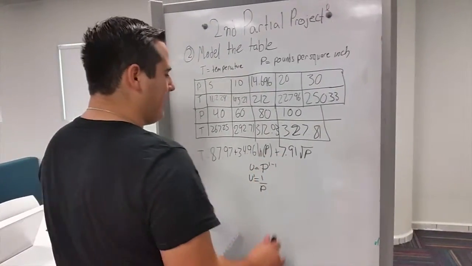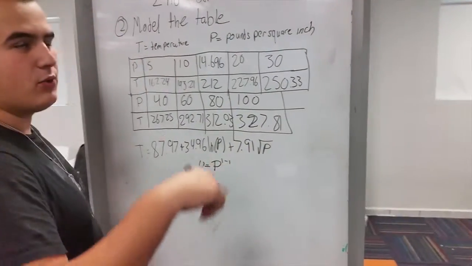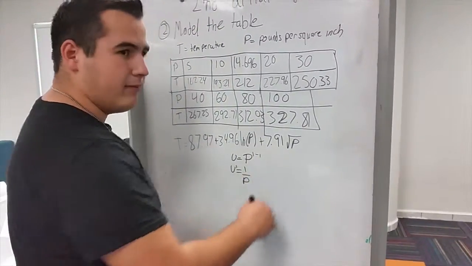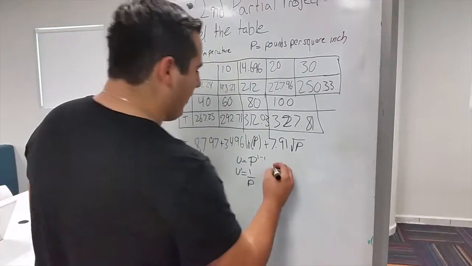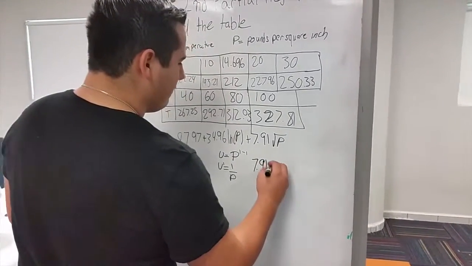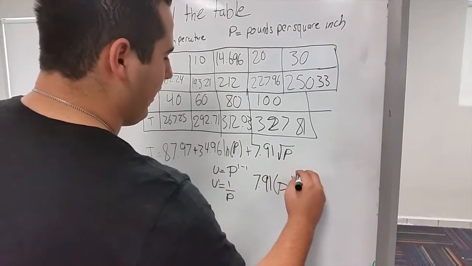The next thing we're going to do is 7.9 times the square root of P. As you also know, the square root of P is P to the power of 1/2. So it's 7.91 times P to the 1/2.